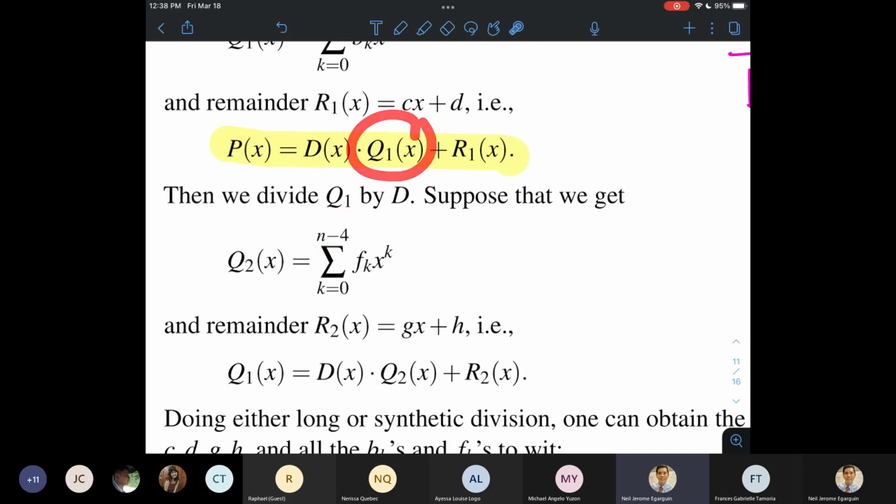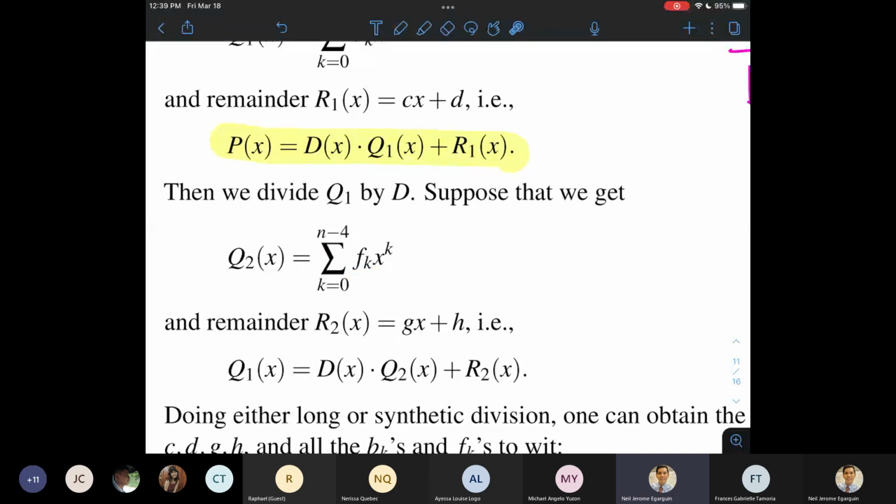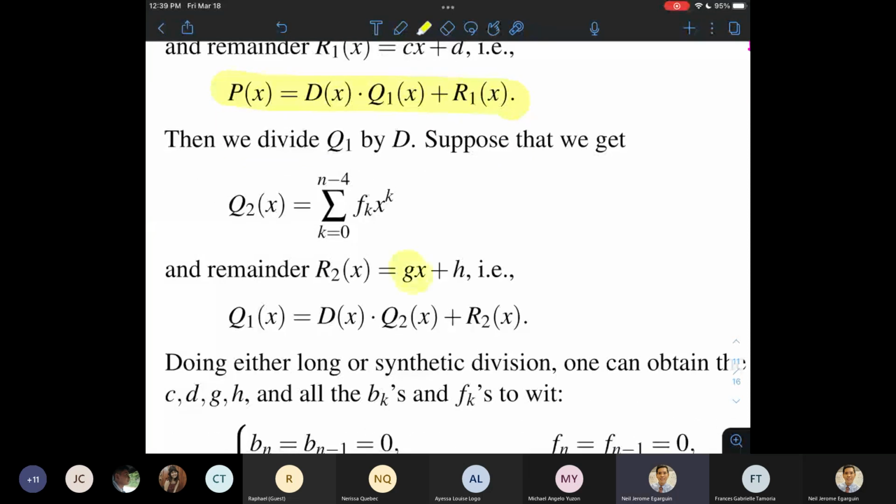Kasi si Q1, degree n minus 2, dinivide ko by quadratic, so magkakaroon ako ng degree n minus 4. Tawagin ko yung mga coefficients ni Q2 as f sub k's. Alright? Tapos yung remainder, ipagpalagay natin na gx plus h. Alright? So that is Q1 can be written as d, our guess for the quadratic factor, times the quotient Q2 plus the remainder R2. Okay?